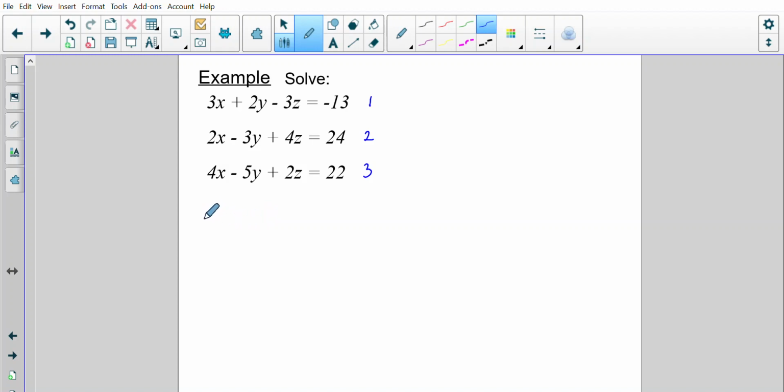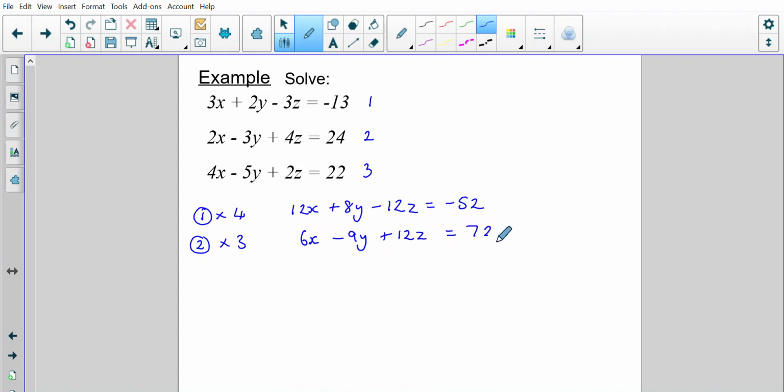So if I take equation 1 and I multiply it by 4, that's going to give me 12x plus 8y minus 12z equals minus 52. If I take equation 2 and multiply it by 3, I'm going to get 6x minus 9y plus 12z equals 72.